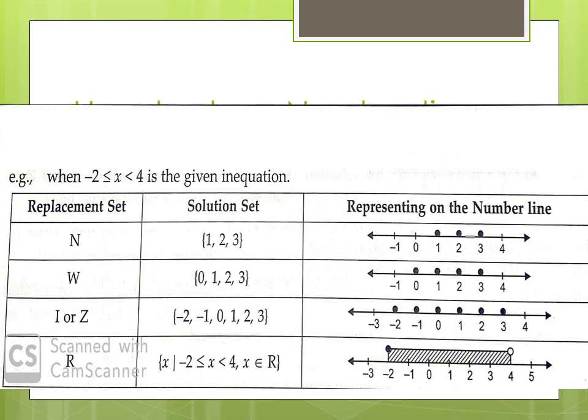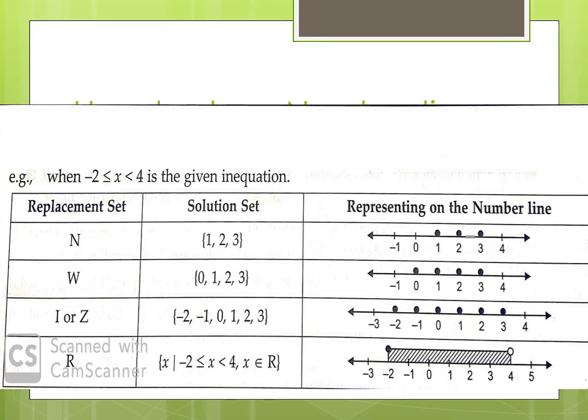Now these are the three sets of numbers wherein we keep dots, but if it belongs to R, a real number, it contains all numbers, so we cannot only place dots. We have to start from -2 to 4 and darken that line. You can darken the line, or as shown in the figure, you can just place a line and shade it.